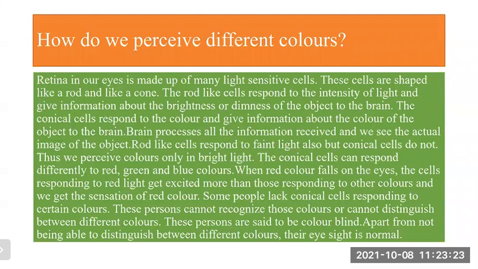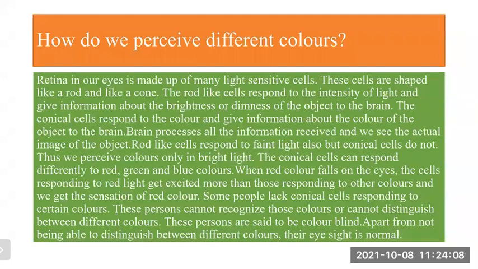So the rod-like cells give information about the brightness or the dimness of the object, and the conical cells give information about the color of the object. Now, the brain processes all the information received and we see the actual image of the object. Whatever information is given to the brain by these rod-like cells and the conical cells, the brain will process all the information and we will see the actual image of the object.